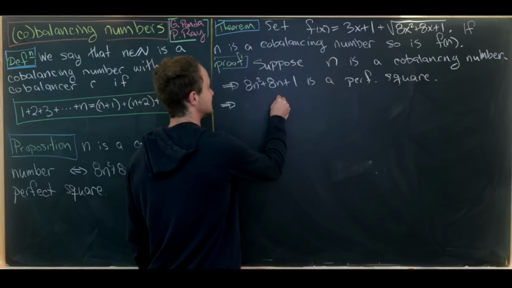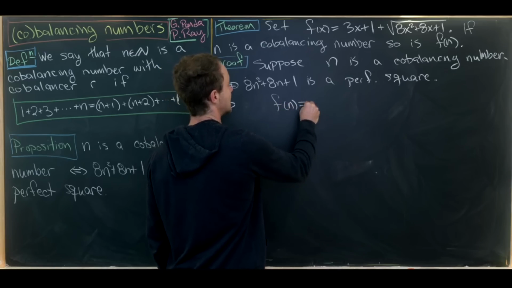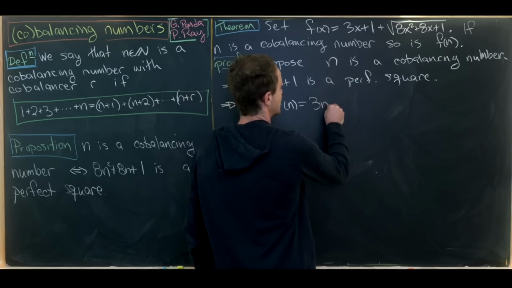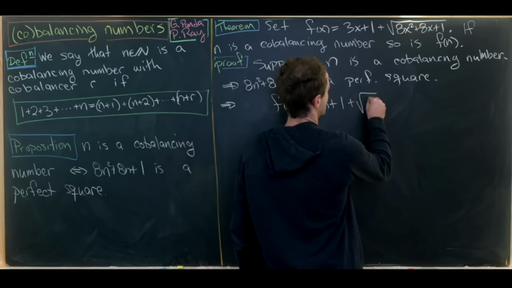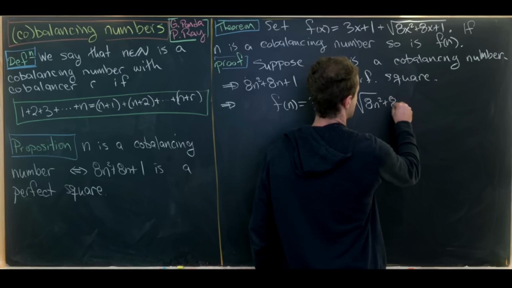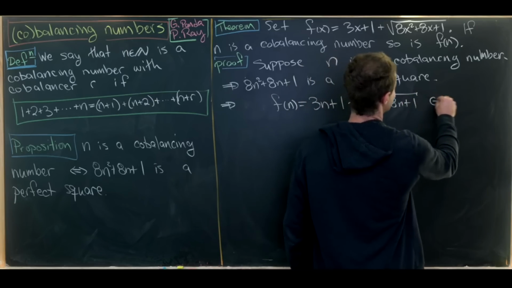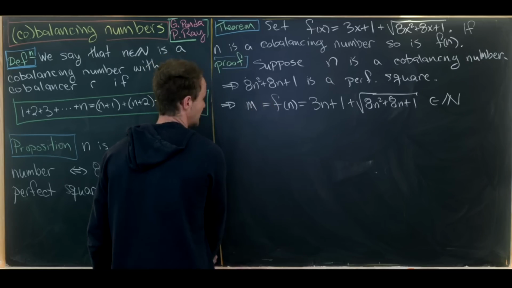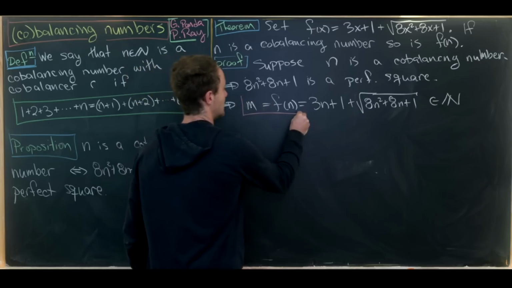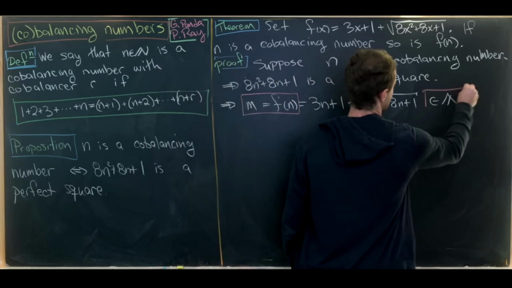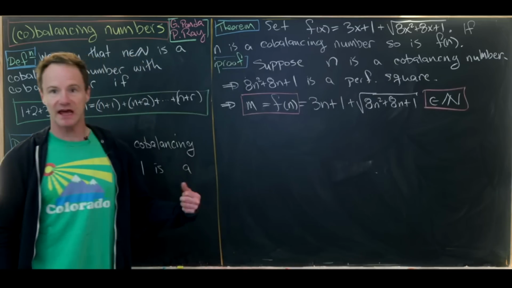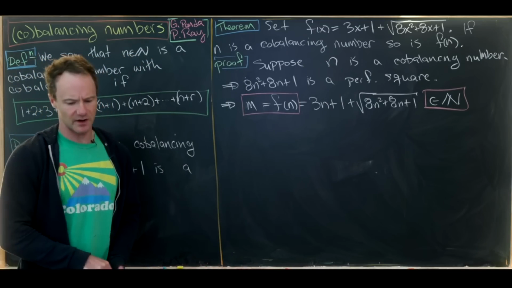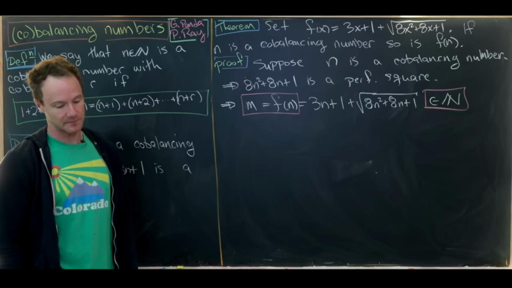Okay, but that means that when we evaluate f at this special n, we get 3n plus 1 plus the square root of 8n squared plus 8n plus 1, which is itself a natural number. So in other words, to put this all together, we have m, which is equal to f of n, is a natural number. Now we haven't yet shown that it's a co-balancing number, but it's at least a natural number, not some crazy irrational number.